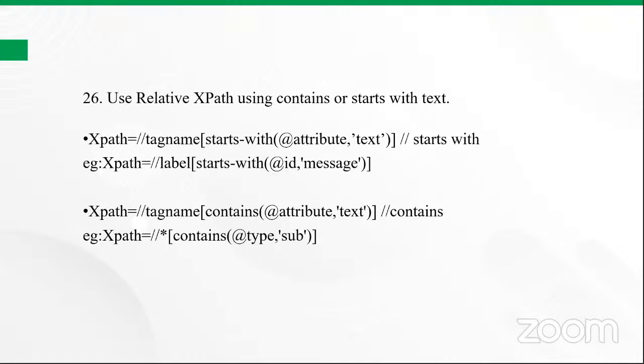So contains is also the same case. If the attribute value is very big, you can use a subset of that attribute value so that the element will be identified. You need not give the full attribute value. You can give a subset of that attribute value. So that is the case where starts with, contains, etc. are used.